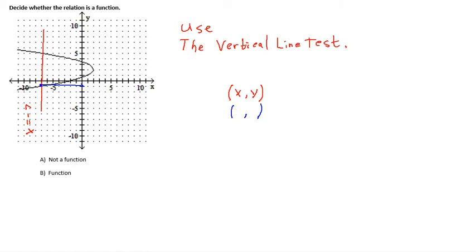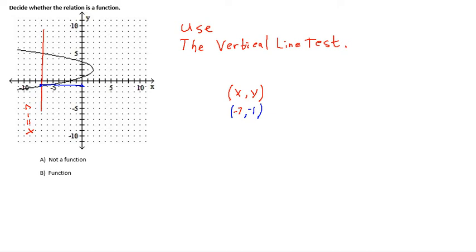Here, maybe we can use the color red. The x value is -7, but the y value is -1. I'm just using approximate locations because, visually, we're done.